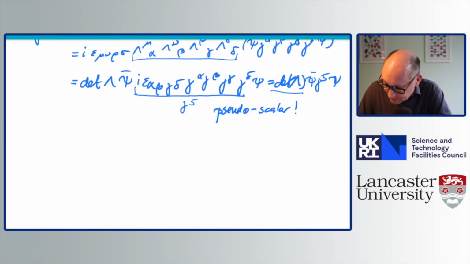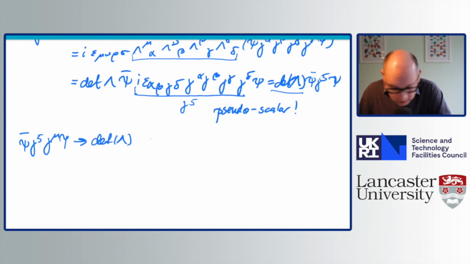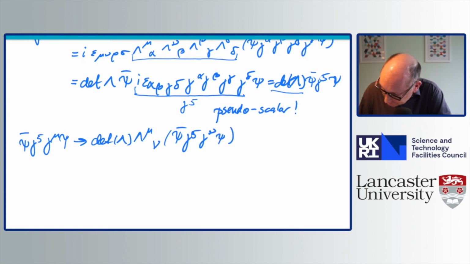Finally, I'm not going to go through the details here, but psi bar gamma 5 gamma mu psi will go into determinant lambda, and then an extra lambda mu nu psi bar gamma 5 gamma nu psi, and that's exactly how a pseudovector translates.